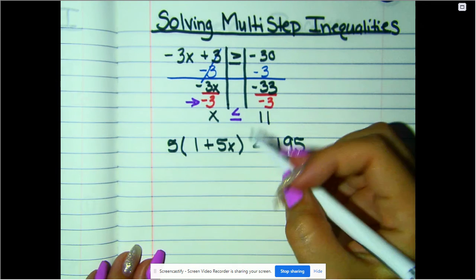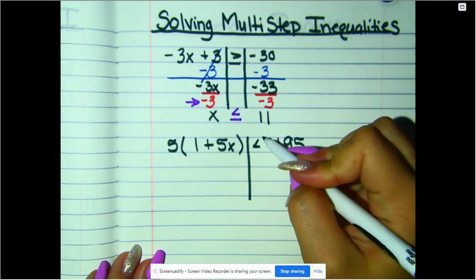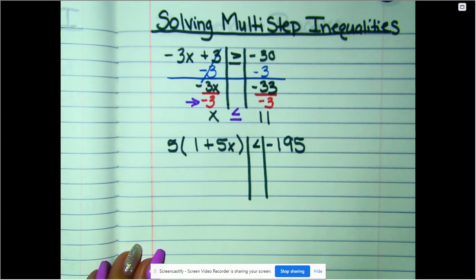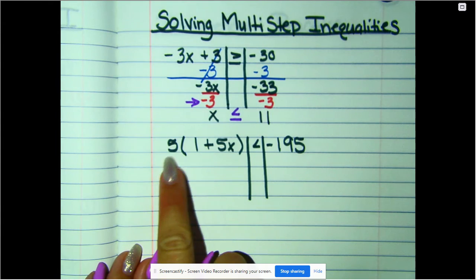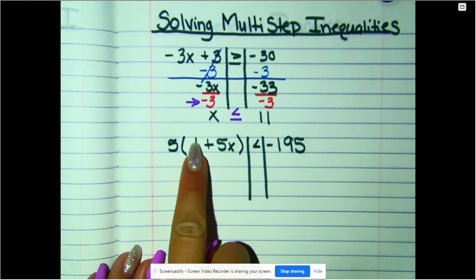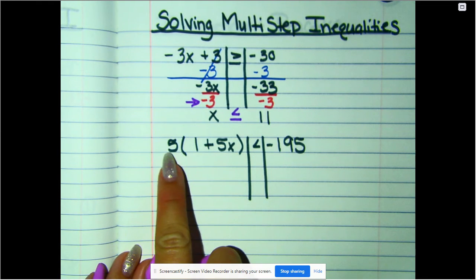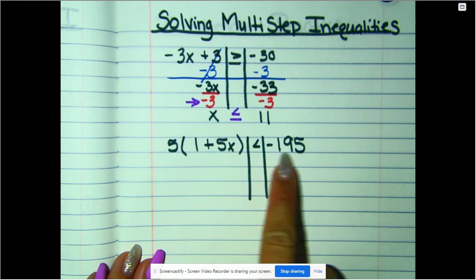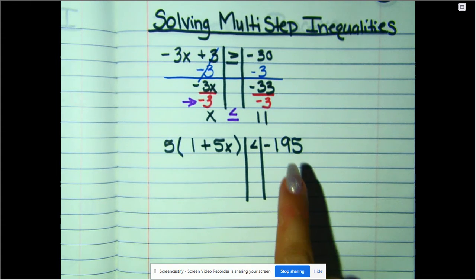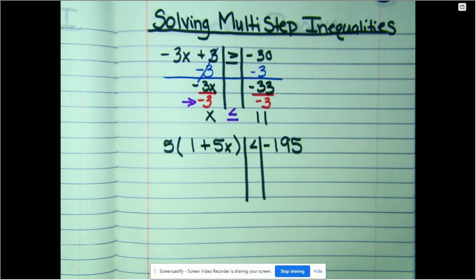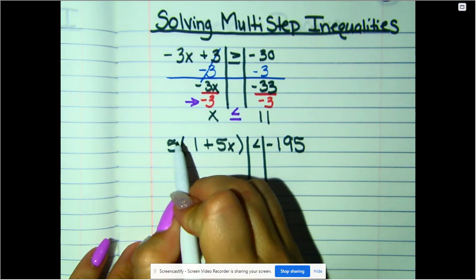I know there are some large numbers in here, but it'll be okay. We're just going to solve it one step at a time. So I'm going to put my barrier around my inequality sign. First, we can distribute my 5 through my parentheses, or if you're comfortable, you can divide by 5 on each side. I'm going to give you that choice, but for the purpose of this video, I'm going to distribute that 5 through.